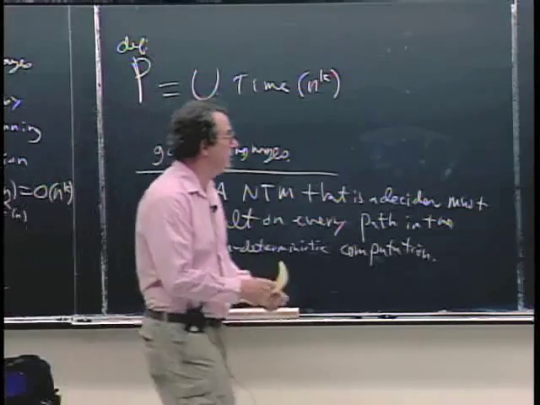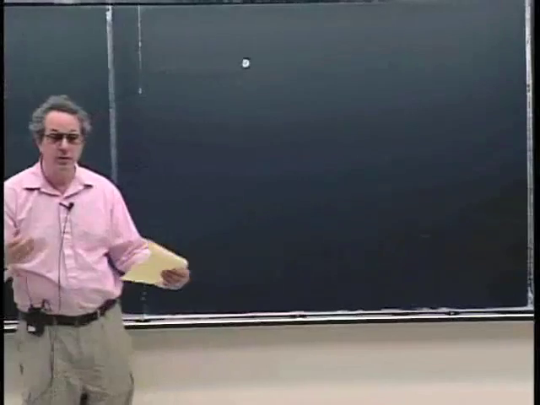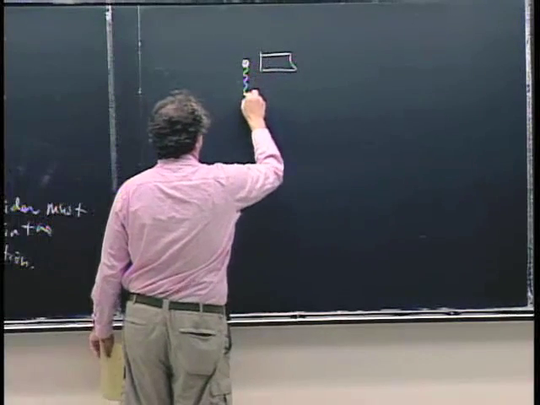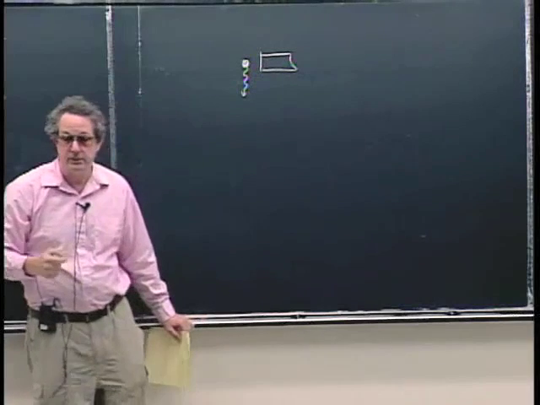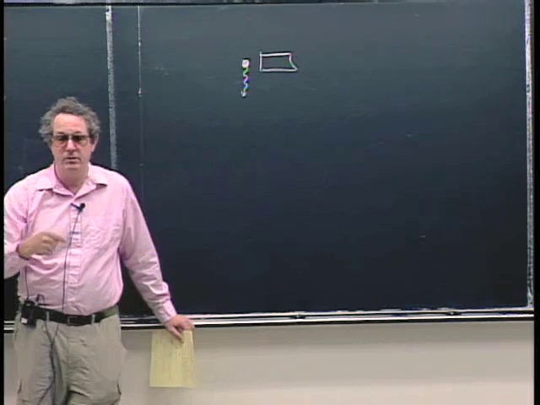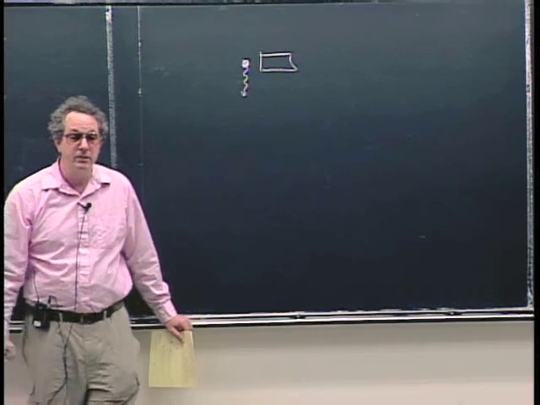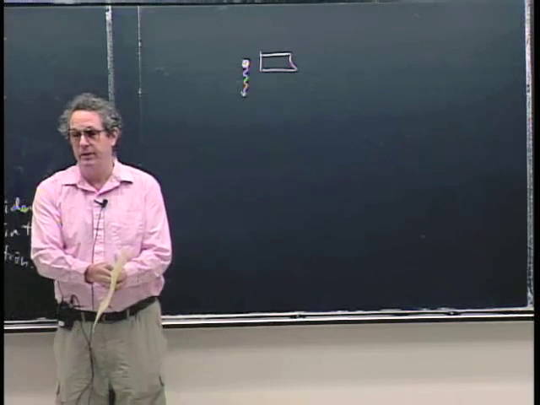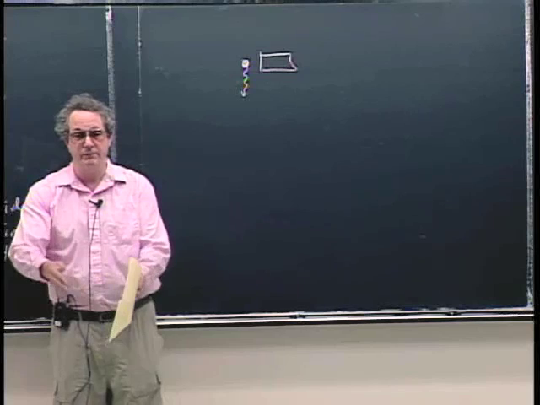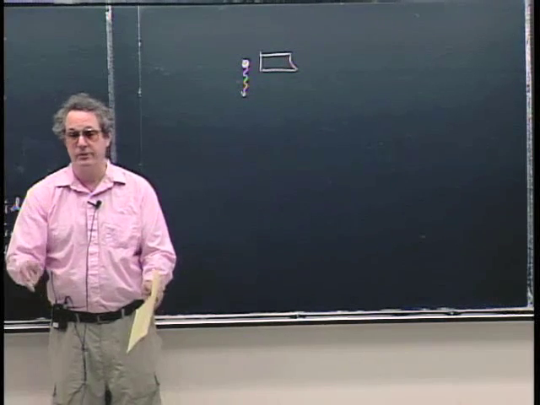Remember, in a non-deterministic Turing machine, the computation starts out with one copy of that Turing machine. But as the computation goes along and you hit a non-deterministic step, a place where the Turing machine can go in more than one way, it has more than one transition that's permitted, then the non-deterministic Turing machine, the way we've been thinking about it, clones itself, in as many different choices as there are at that point, and each one of those takes a different choice.